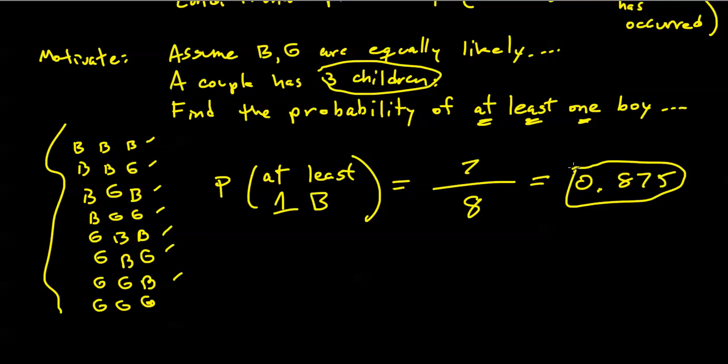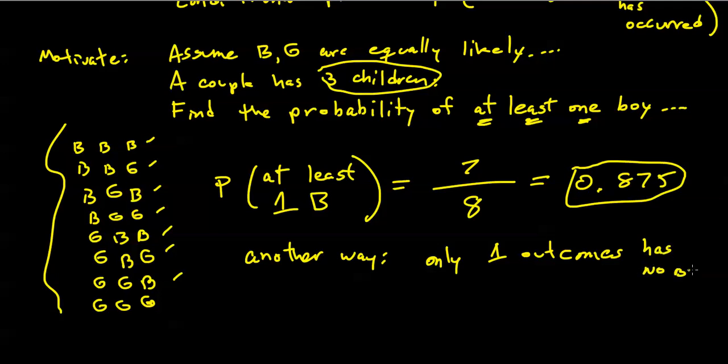Now, of course, we're not going to be brute force drawing up sample spaces all the time. That may be an entirely too cumbersome manner, as we saw in the last exam. Let me suggest to you another way. Only one of these outcomes has no boys. I think we can see it there, at the bottom of the list.